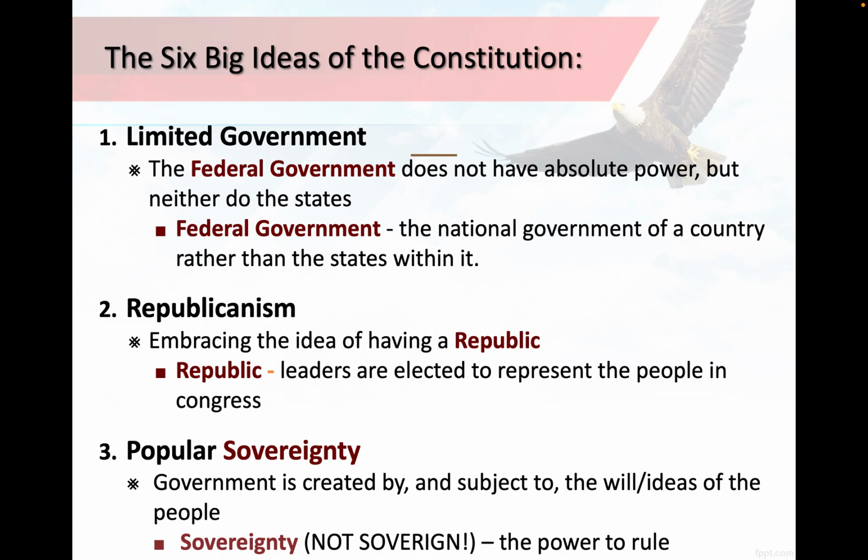And that's what creates our definition, that the government is created by and subject to the will and the ideas of the people. So if there is a concern amongst the people, for example, perhaps Floridians have a concern. Oh, you know what? Here's a good one. Daylight savings time. A huge argument around our country. Like, do we need it?